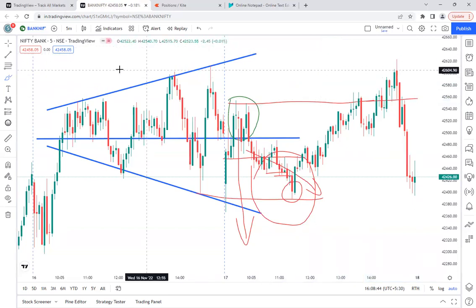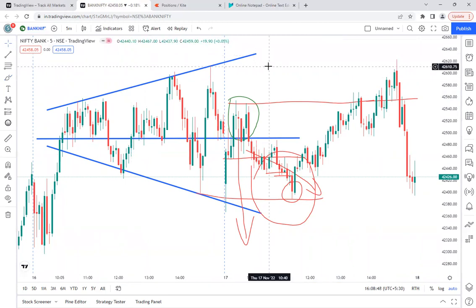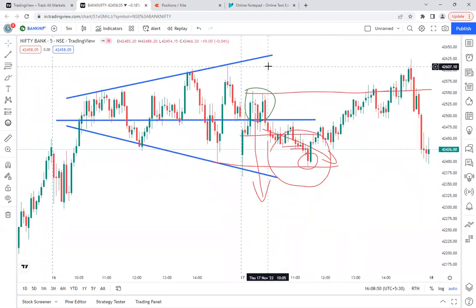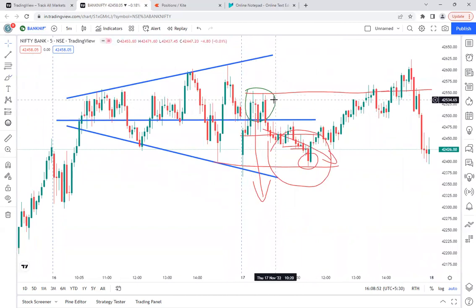So what I want to highlight here is, I came to the market with one expectation. That is, if this is the buying trap, it should fall down. But by seeing the price action, I changed my opinion. We have to do this in intraday trading. We should not stick to one plan or one pattern only.